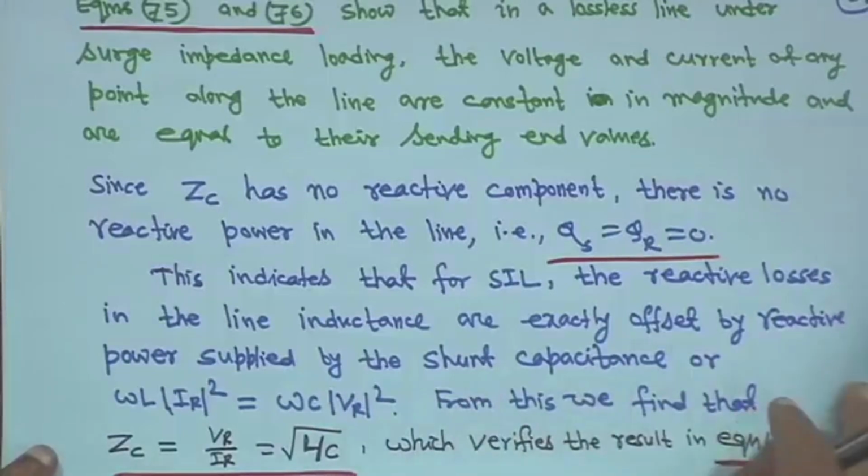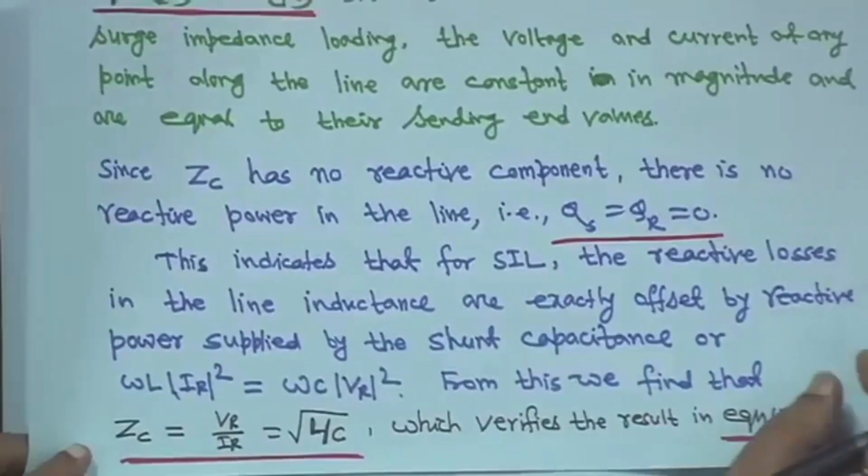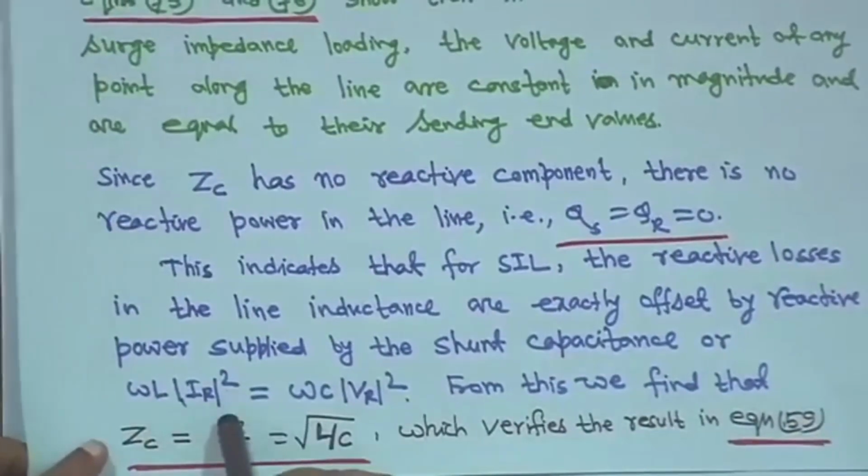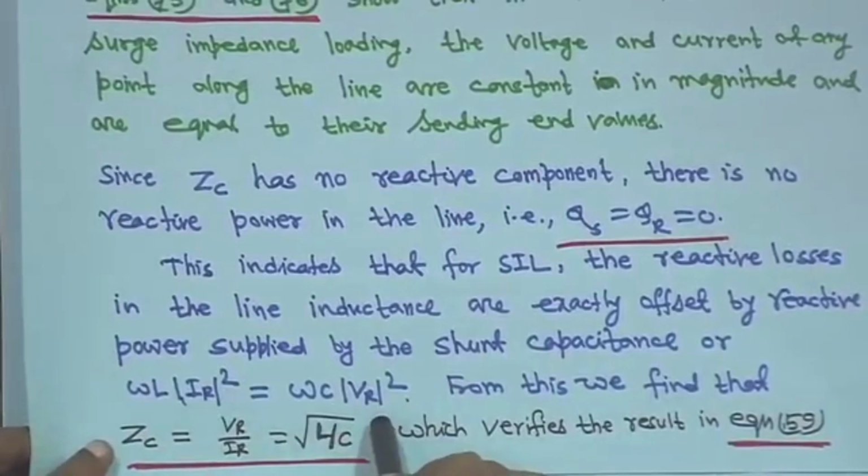If this is true, then omega L IR square will become omega C VR square.